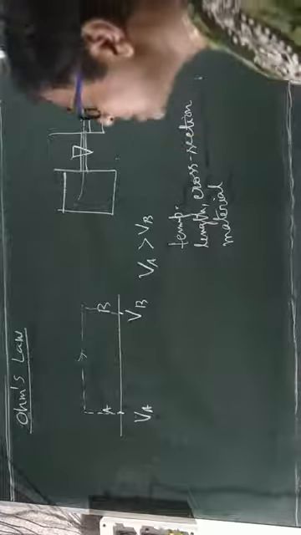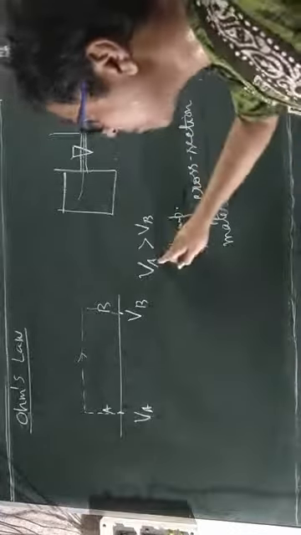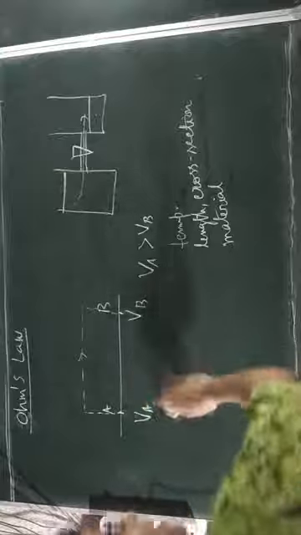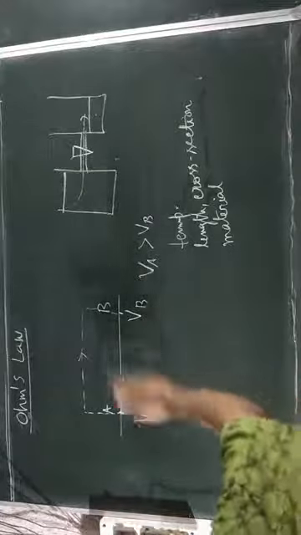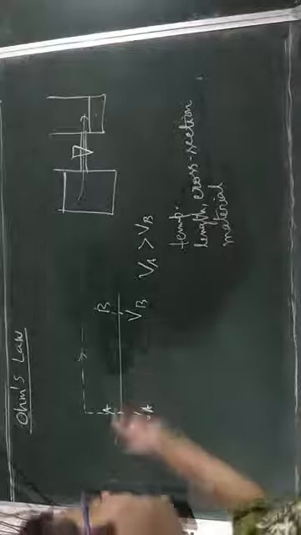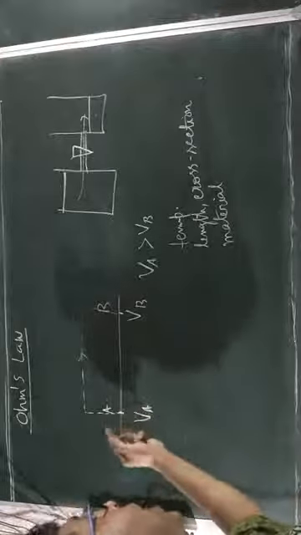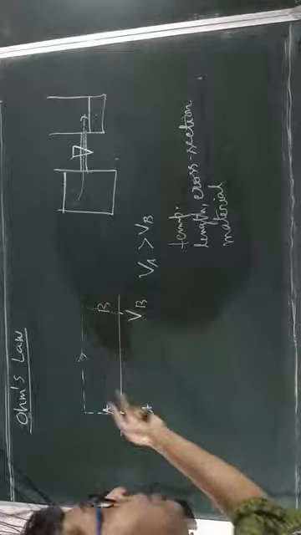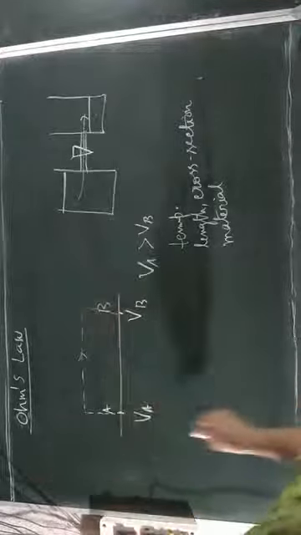So that means when there is a difference between potentials between 2 points of a conductor, then a current flows from higher energy level or higher potential point towards lower potential point.